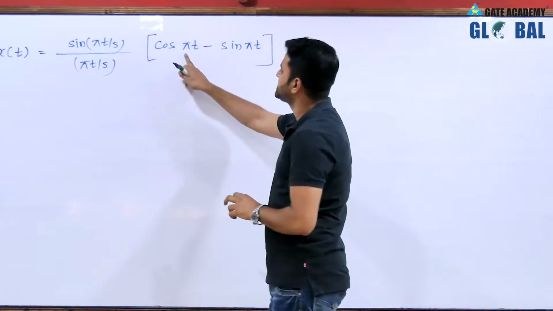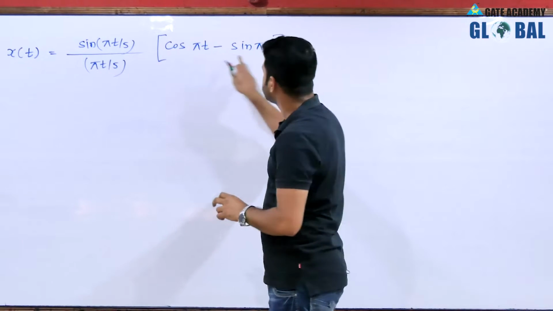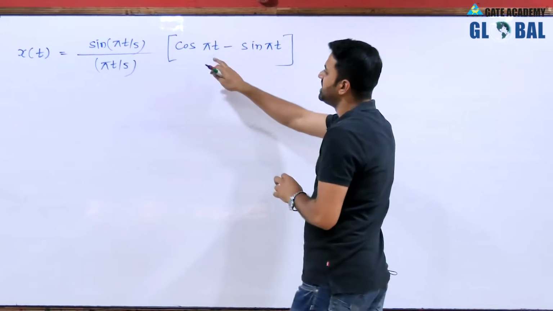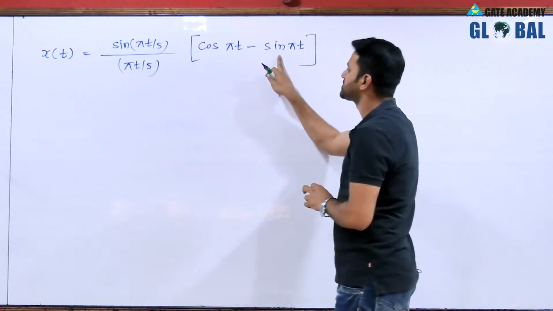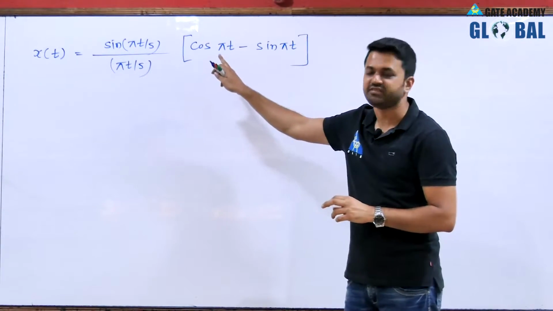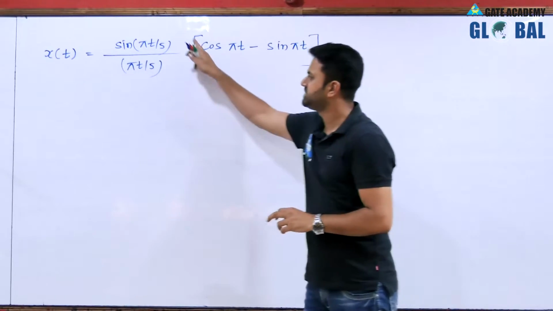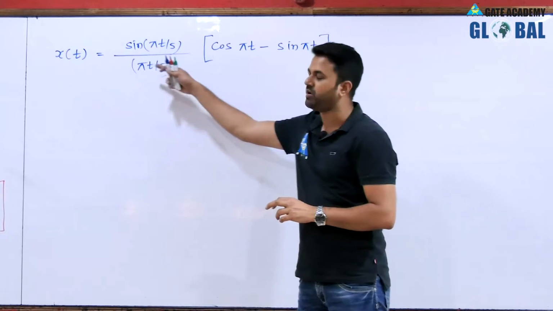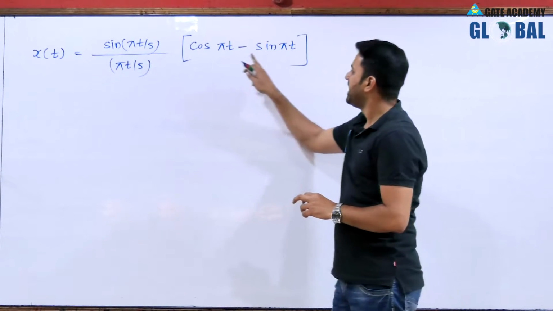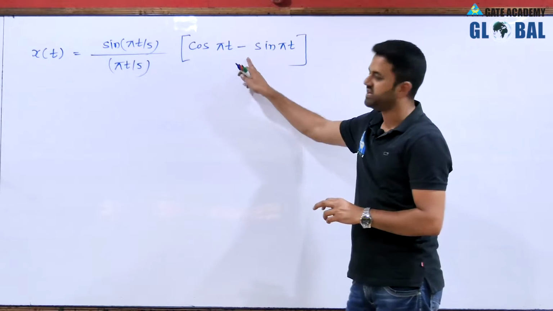Now this has frequency 1 by 2, and this also has frequency 1 by 2. This is the in-phase component, this is the quadrature component. The coefficient of the in-phase component is 1 here, because that term is already common, and the coefficient of the quadrature component is also 1.